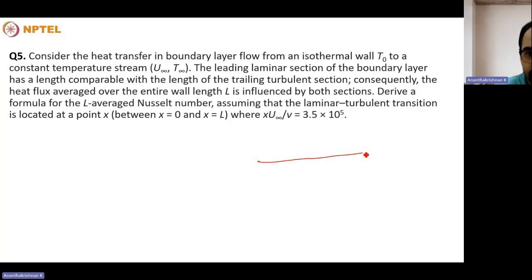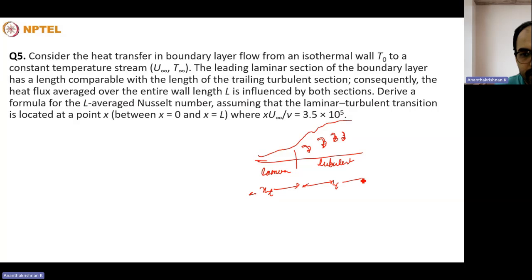So basically the first section will be laminar and then it will go to the turbulent case.